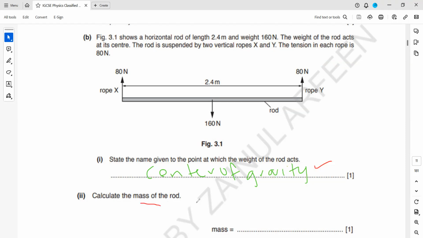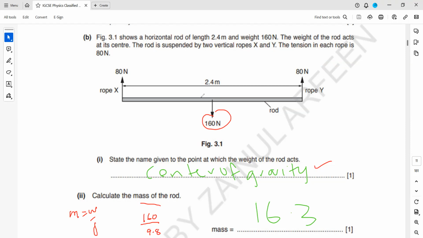Calculate the mass of the rod. How to work out the mass of the rod? We have the weight. Whenever you're solving a question, always use the formula that mass is weight divided by gravity. So weight is 160 and the gravity you will take as 9.8.